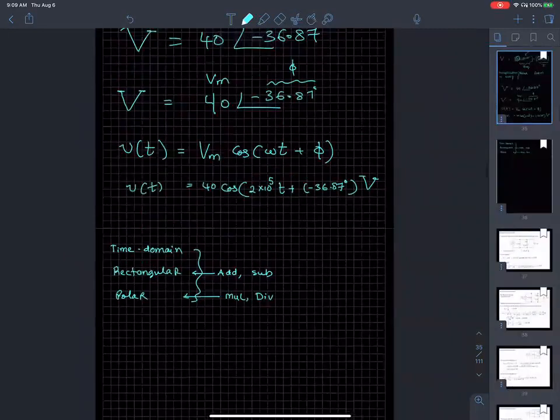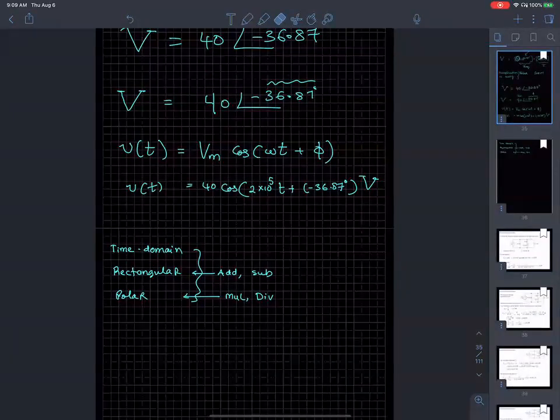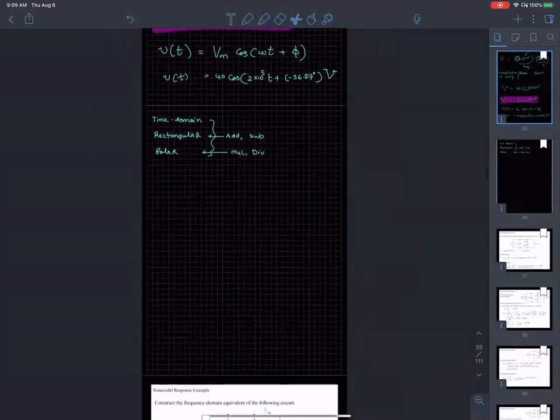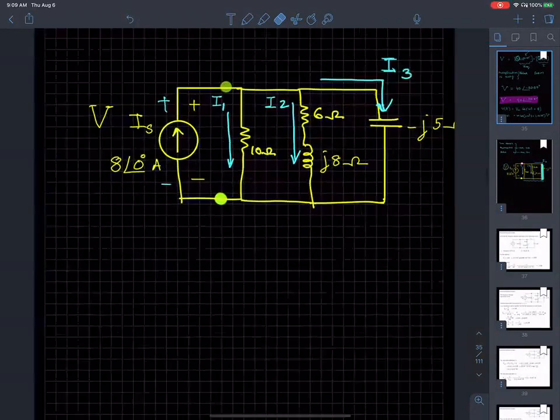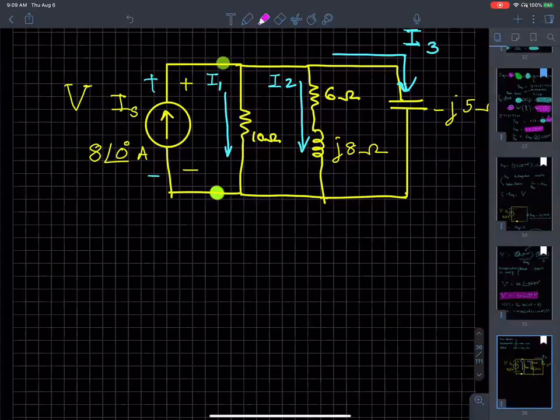Okay, let's retrace. So this is our solution here, right? The voltage in this parallel circuit, the voltage along this parallel circuit. So here is a question coming at you.